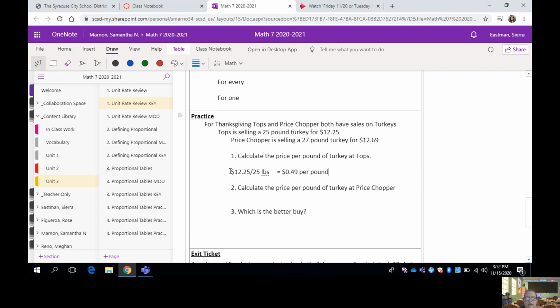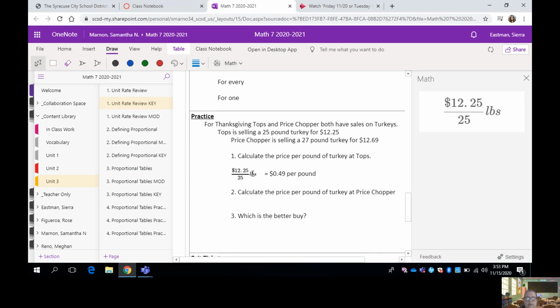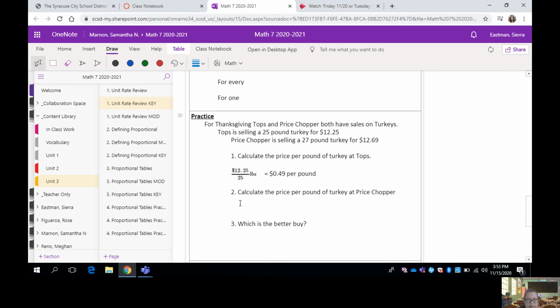And remember, we can highlight these and they should turn into math for us. This pound should be on the bottom here, but that's okay. If I look at number 2, we have a similar situation. 1269 over 27 pounds. When I divide that out, it's going to give me $0.47 per pound.